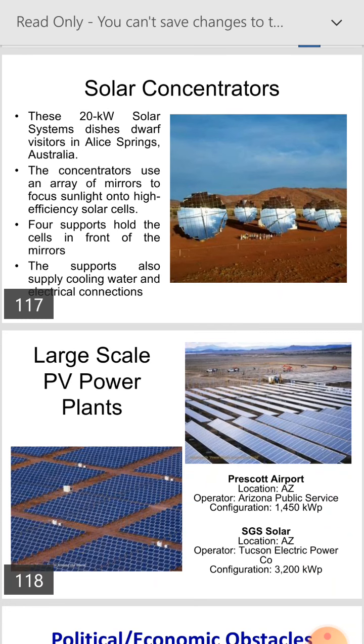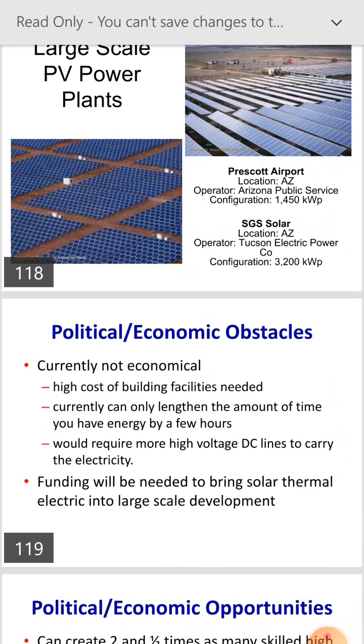Large scale PV power plant. Political economic obstacle: currently not economical. High cost of building the facility needed. Currently can only lengthen the amount of time you have energy by a few hours. Would require more high voltage DC lines to carry the electricity.